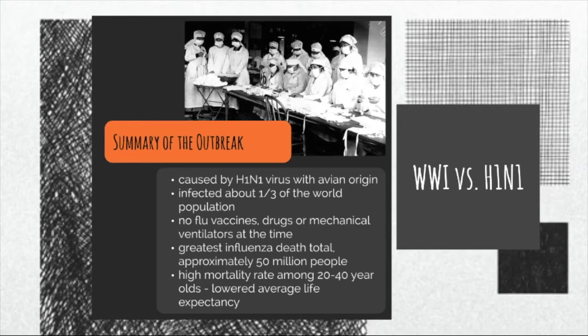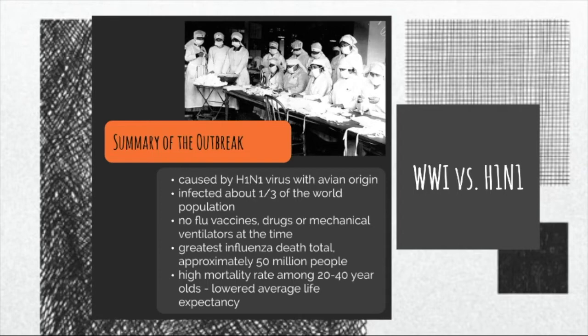This meant that all control efforts to stop the spread of this virus were limited to isolation, quarantine, good personal hygiene, limited social gatherings, and the use of disinfectants. These guidelines are very similar to what we are being ordered to do in our current pandemic.